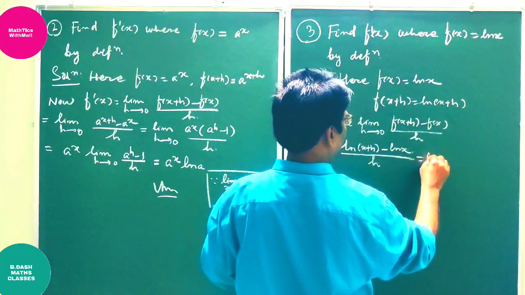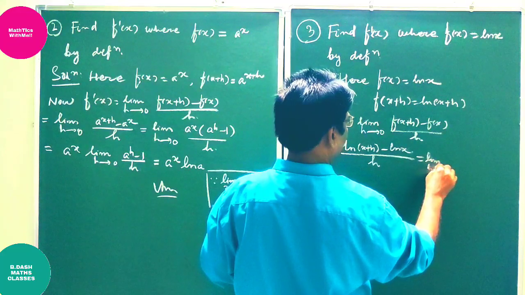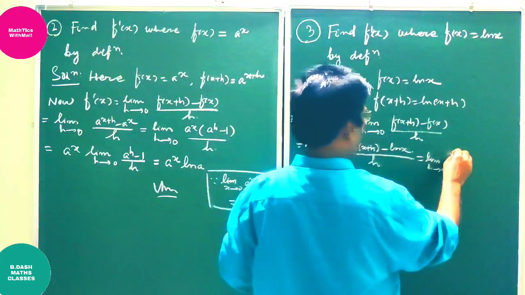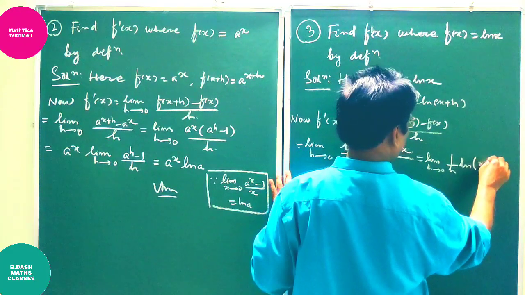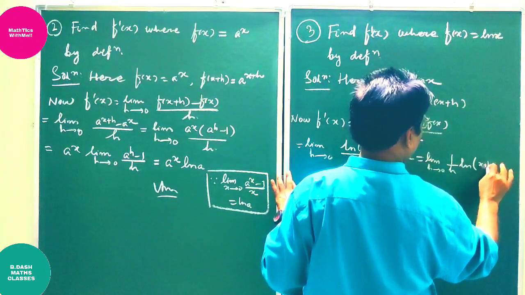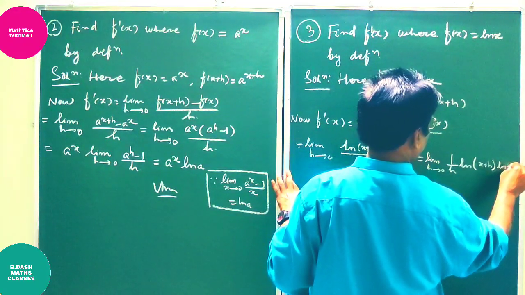So this is limit h tending to 0, 1 by h ln of x plus h minus ln x.